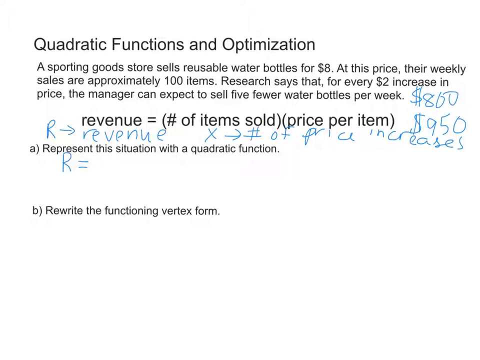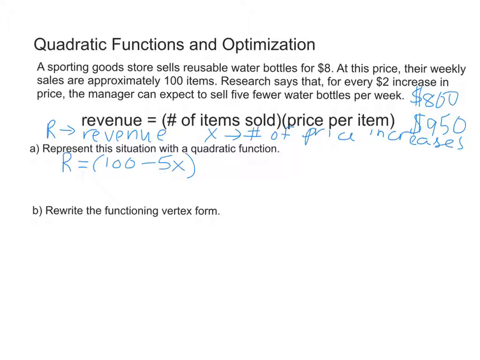To write the equation, it's going to be revenue is equal to number of items sold. So I'm going to look at originally, how many items is he selling in a week? 100. And then that number is going to decrease. It's decreasing by 5 for every price increase. So actually the number of items sold is 100 minus 5x.